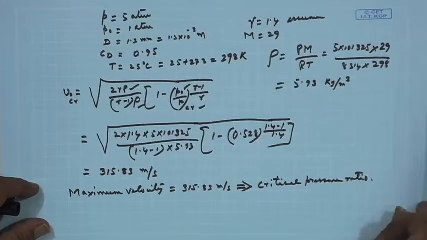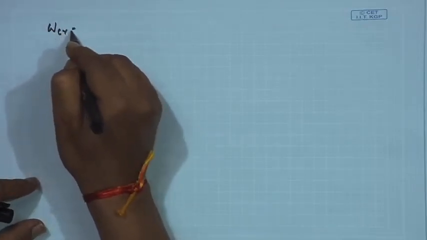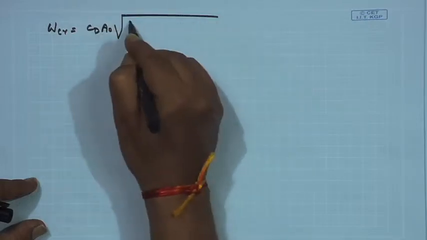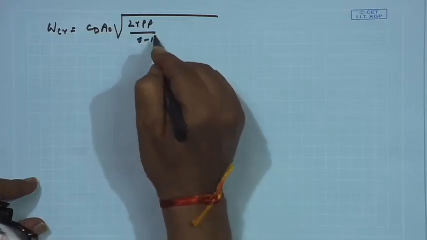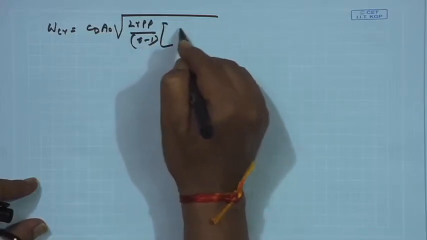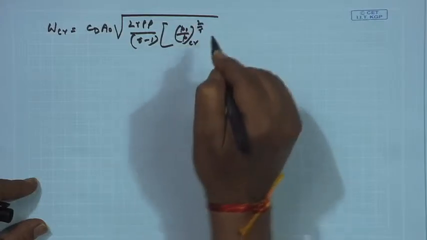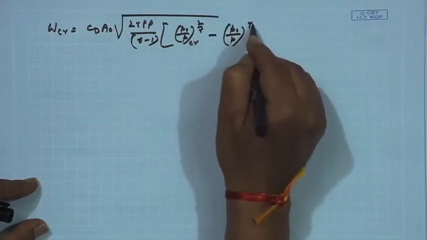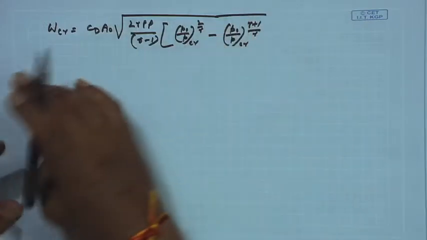And for that discharge under critical pressure ratio, we have seen WCR is CD A0 under root 2 gamma P rho by gamma minus 1 into P0 by P to the power 2 by gamma under critical pressure ratio minus P0 by P to the power gamma plus 1 by gamma under critical pressure ratio, right.